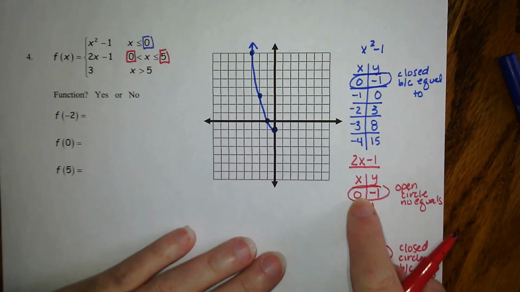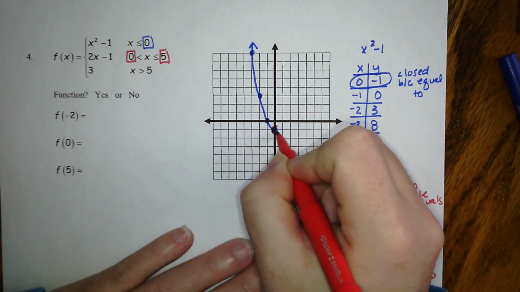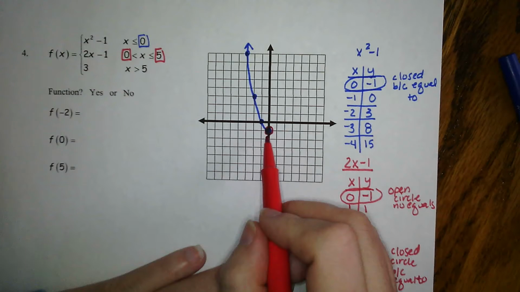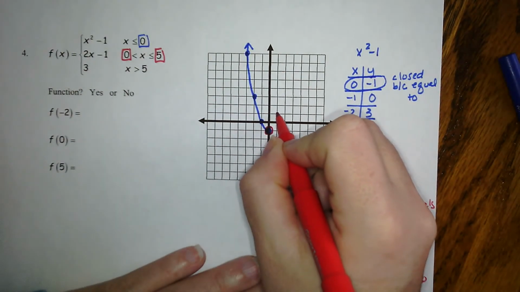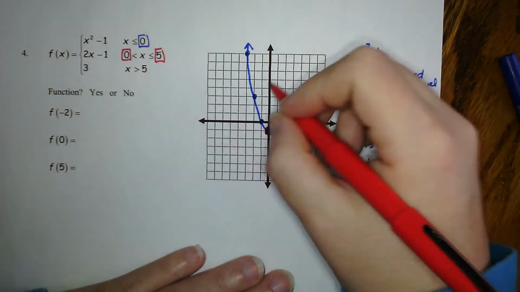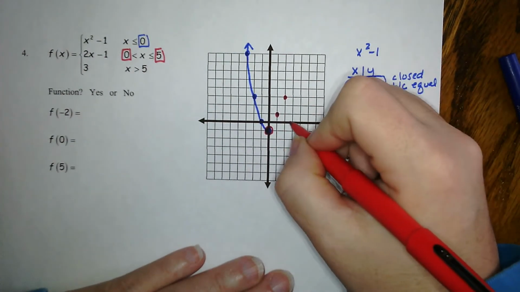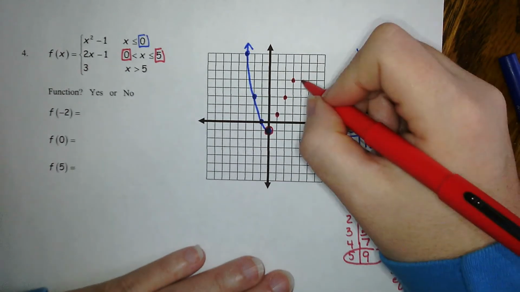So we're starting at 0, -1. It's already filled in, but I'm putting my circle around it. Then 1, 1. 2, 3. 3, 5. 4, 7.